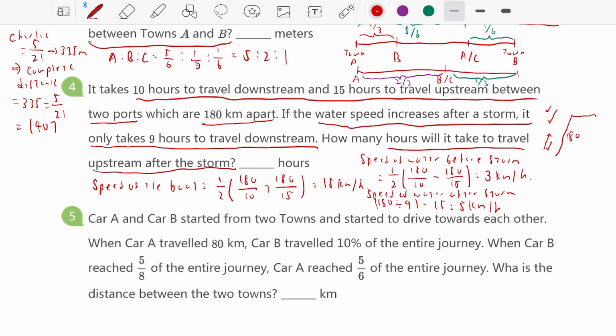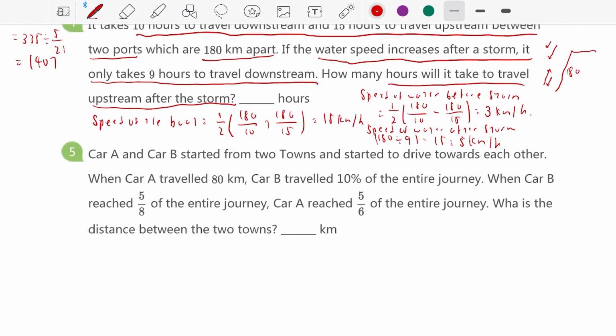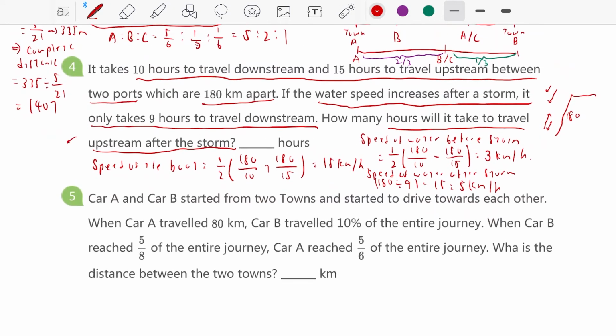And so we have gotten that. And that's really good. It's going to be very helpful. And of course, now, when we are to travel upstream, we are going to face some resistance, right? So maybe I'll use the little space over here. Speed of boat upstream, right?